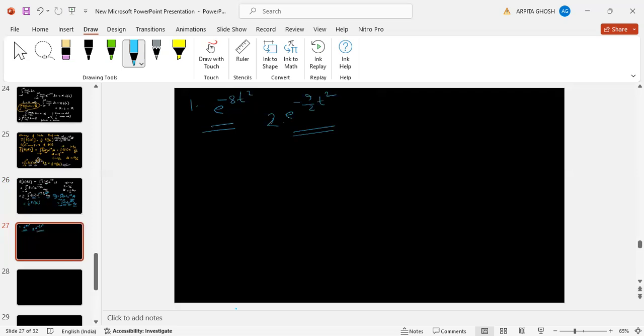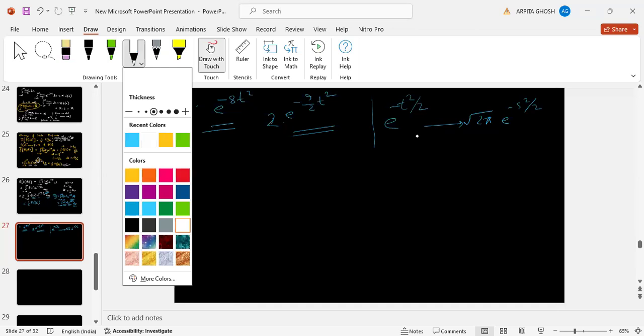Since e to the power minus t square is there, now recall and tell me what was the Fourier transform of e to the power minus t square by 2? Root 2 pi e to the power minus s square by 2. Yes, along with root 2 pi. For e to the power minus t square by 2, the Fourier transform is root 2 pi into e to the power minus s square by 2.